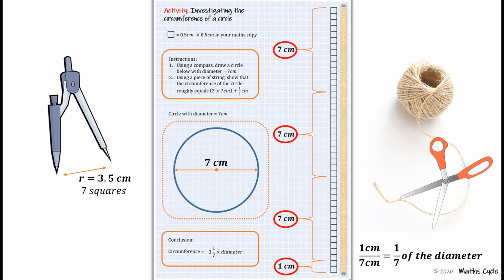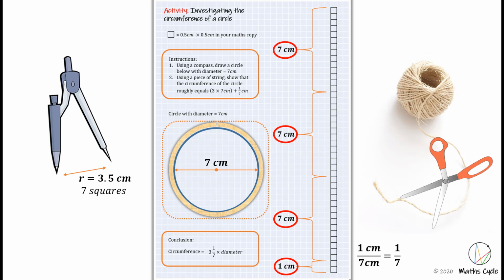Now I want you to wrap this string around the circle that you drew. And what you should observe is that it is a fairly good fit along the perimeter of the circle. And the perimeter of the circle is what we call the circumference.